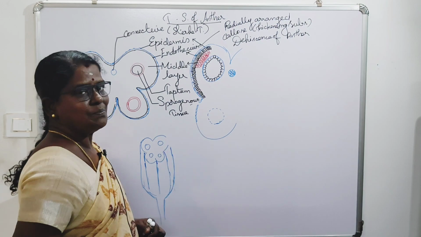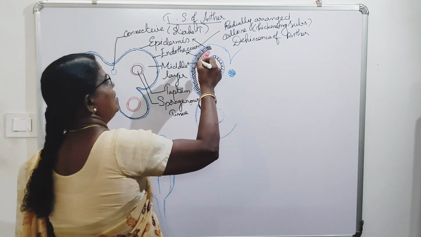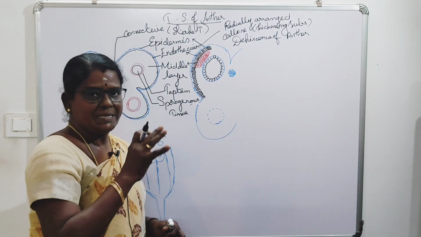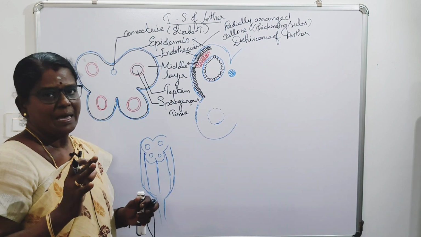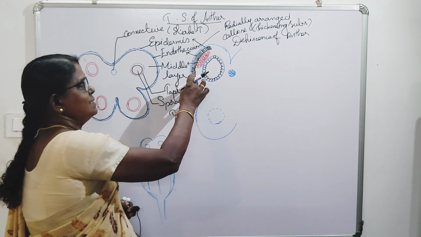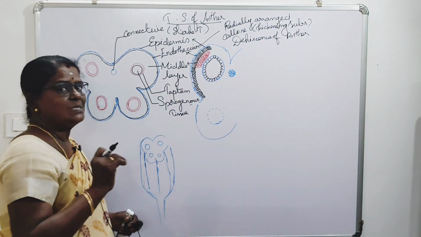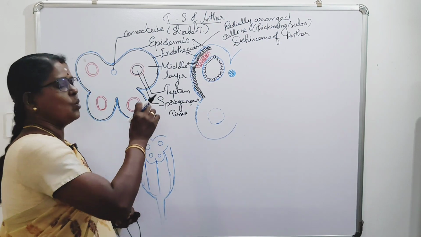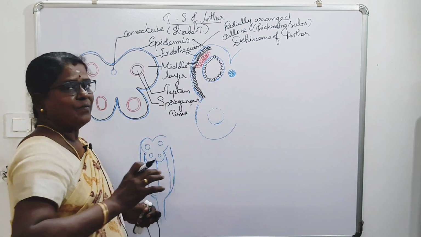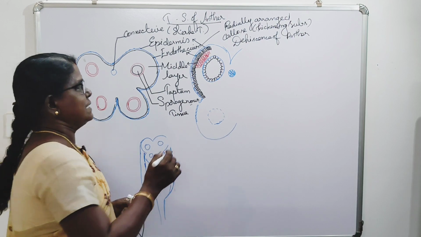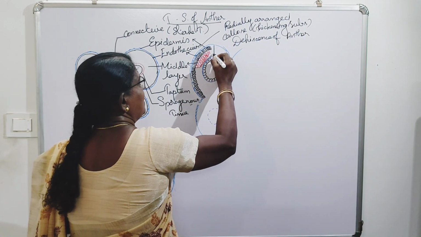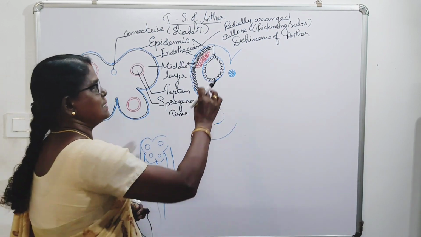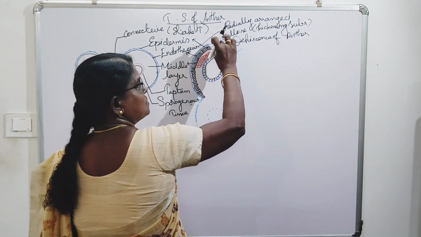Next layer is known as the middle layer. All these three layers, their main function is dehiscence of anther. In the endothecium, callose substance is present. This callose substance makes the wall very thick, means that it makes the wall fibrous.